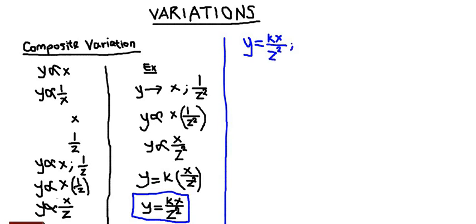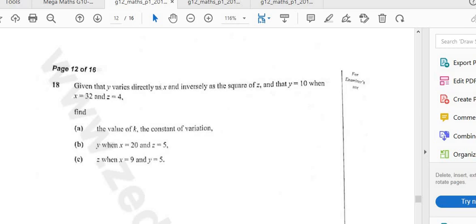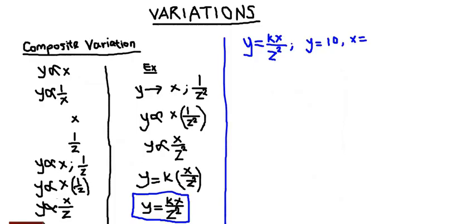So the question says y will be 10 when x is 32 and z is 4. So we can substitute this initial detail and find the constant of variation k.